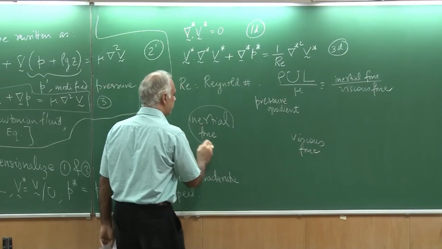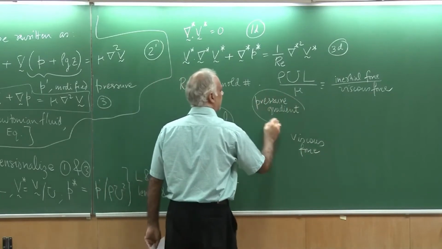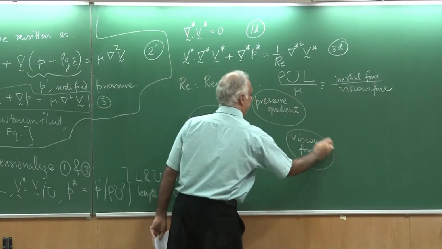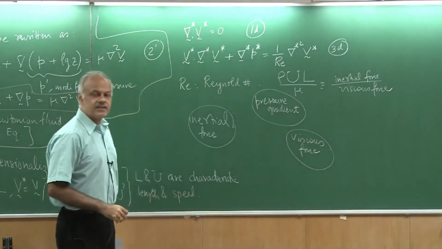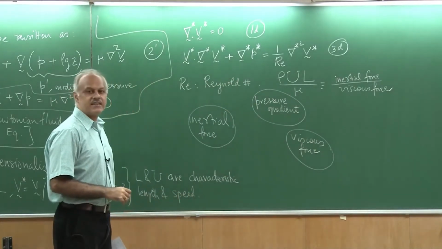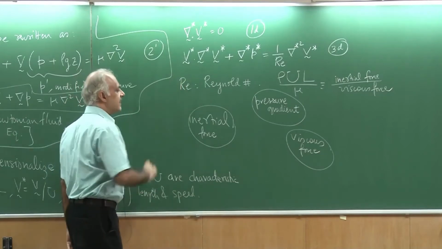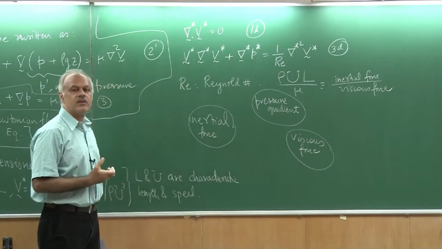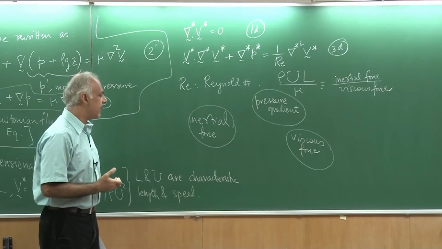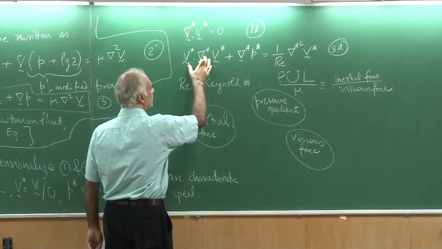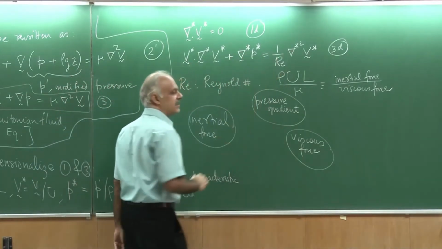These are the three forces that decide equation 3D. So essentially, equation 3D is telling us that there has to be a very fine balance between the inertial force, the pressure force, and the viscous force.